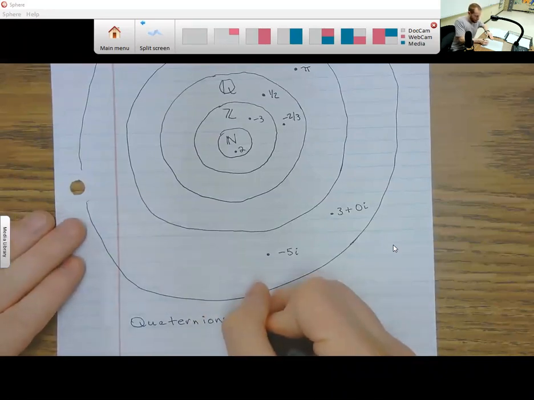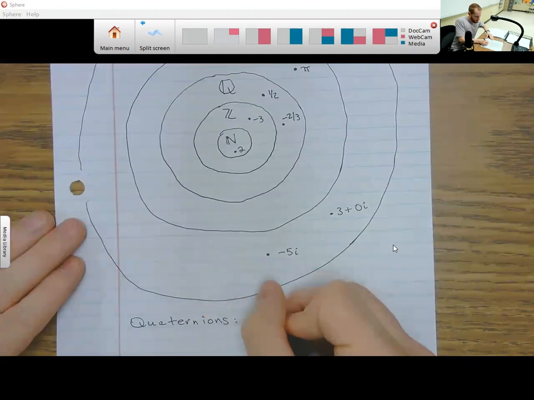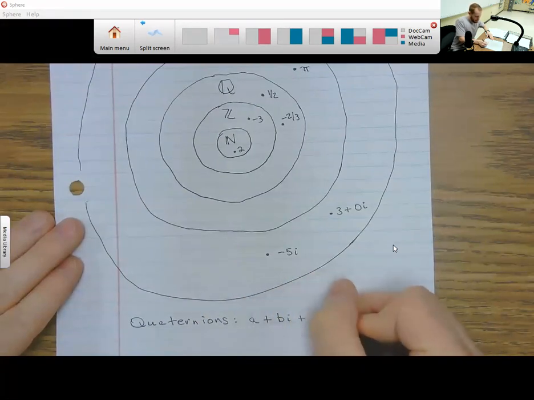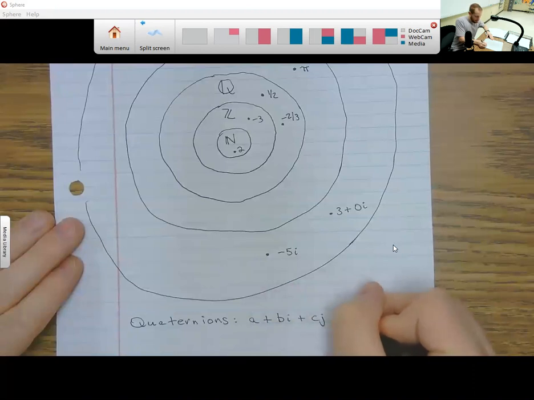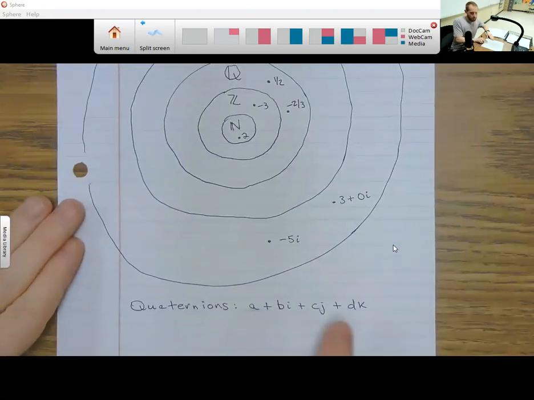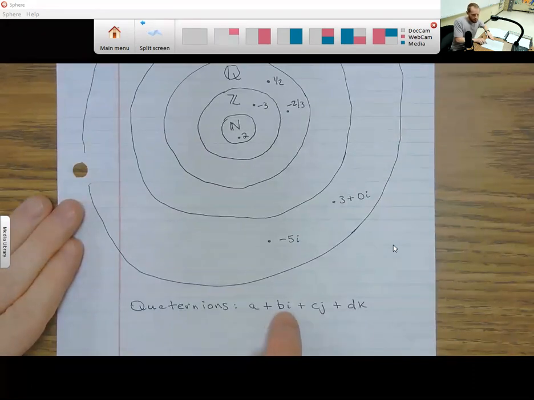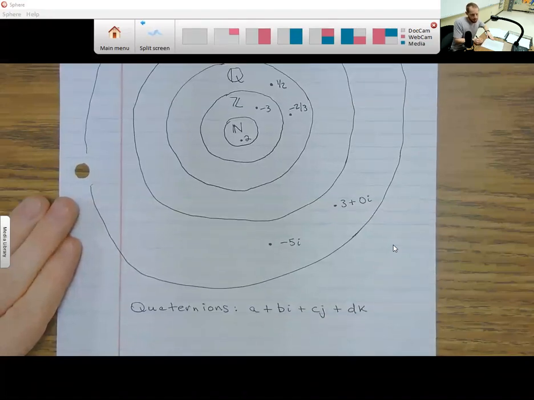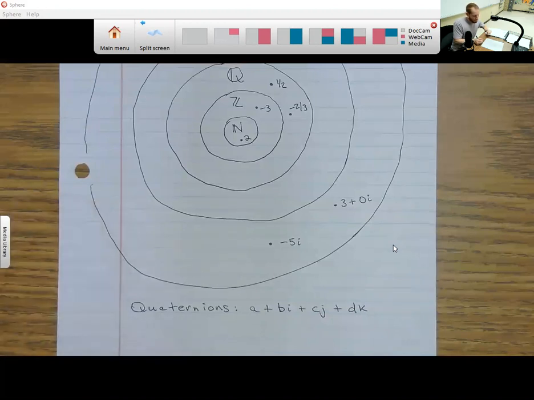The way I would write these would be a plus bi plus cj plus dk. So these numbers have 4 components. You have your real part, your imaginary part, but then you have these additional 2 parts that are called j and k.